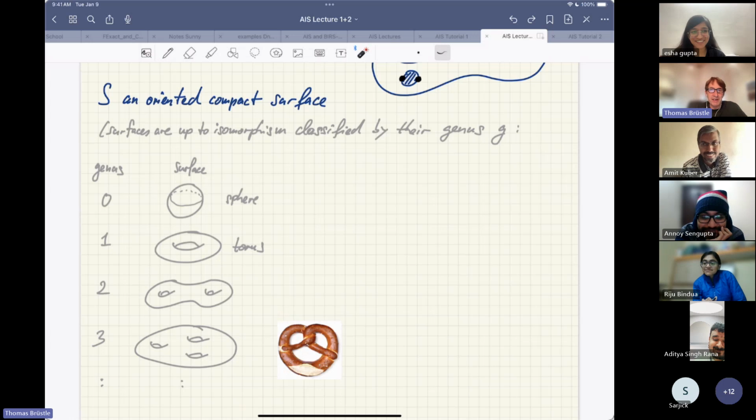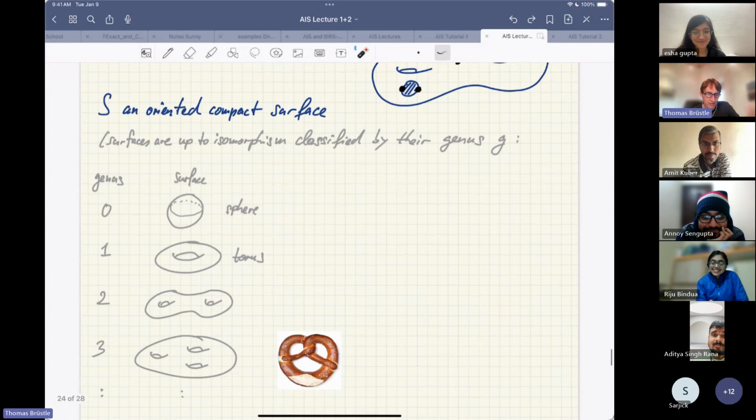And so these are nice examples. You agree? Good.